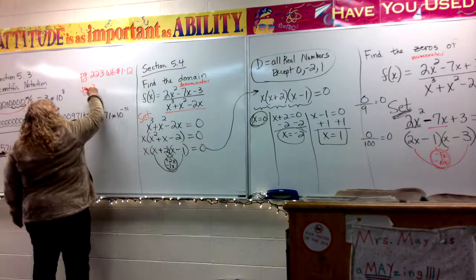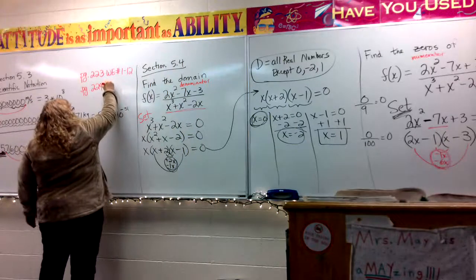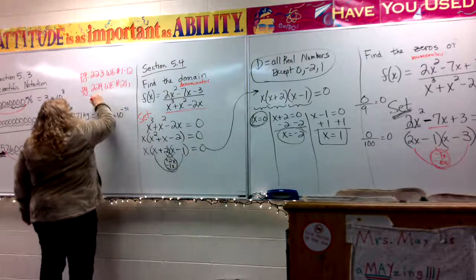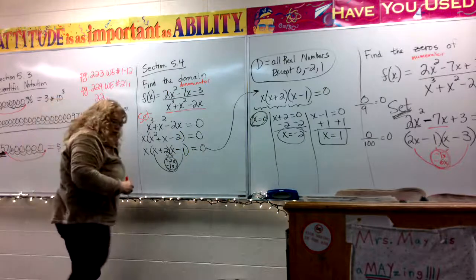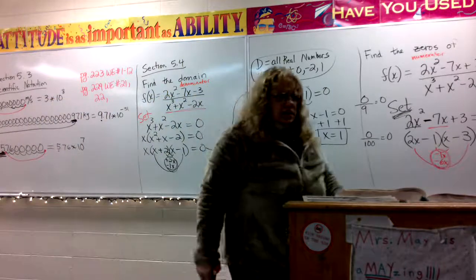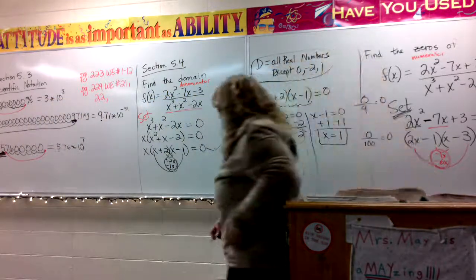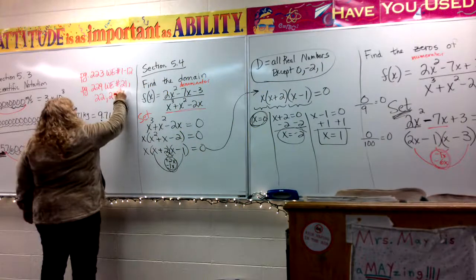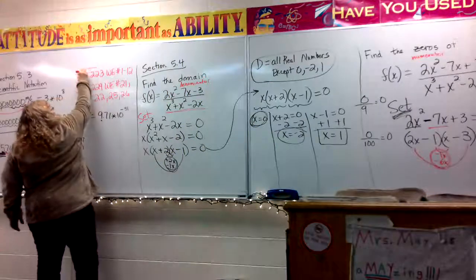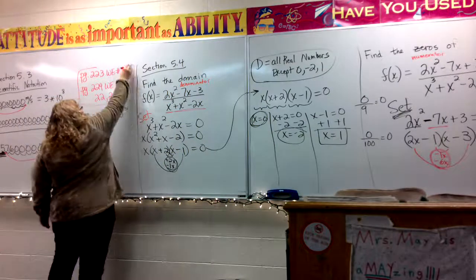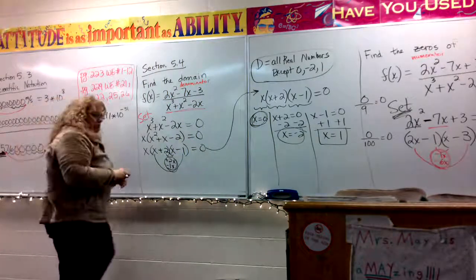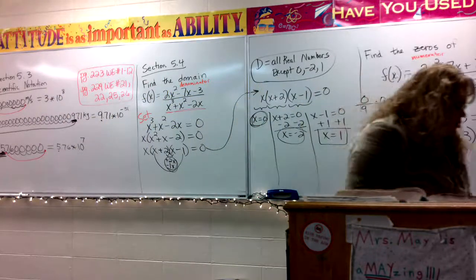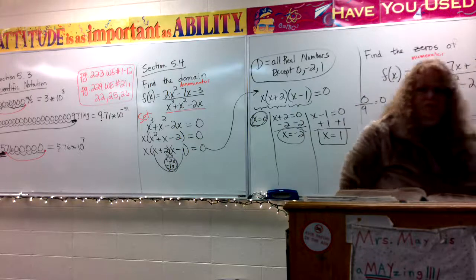Find the zeros of, let's pick a function, f of x equals, how about this one? 2x squared minus 7x plus 3 over x to the third plus x squared. No, I think I screwed that up.